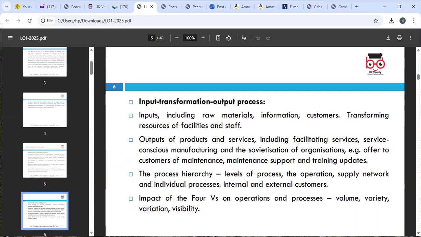Then the process hierarchy, the levels of process: the operation, supply chain network, and individual processes, internal and external customers, okay? The impact of the 4 V's on operations and processes. When we say the 4 V's, we are talking about volume, variety, variation, and visibility, okay?